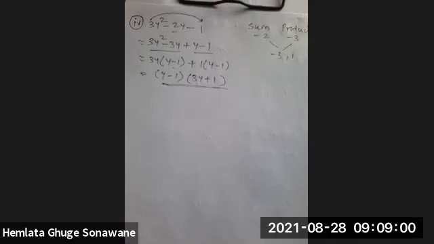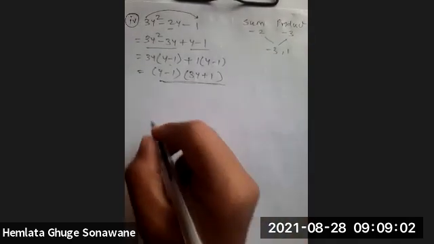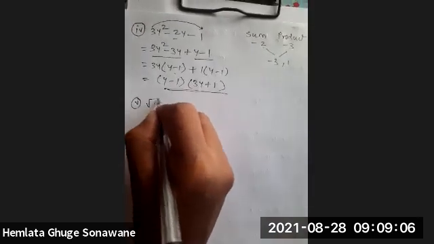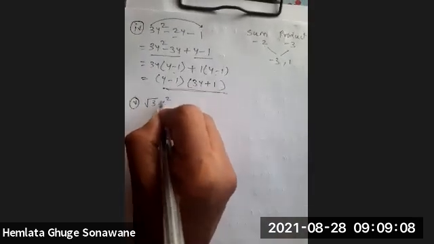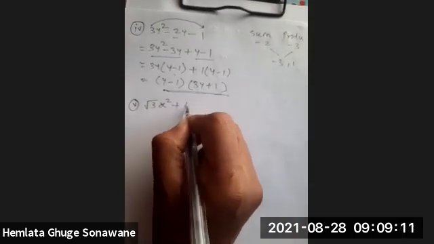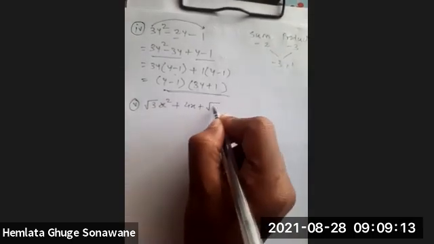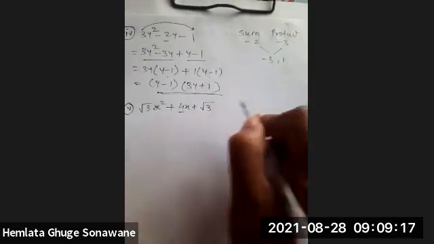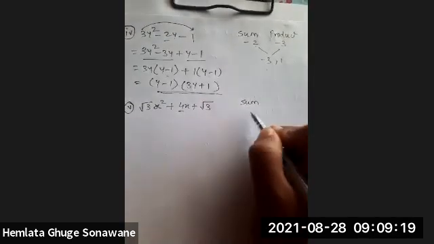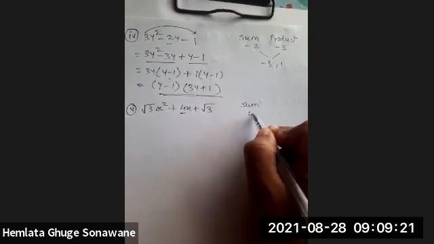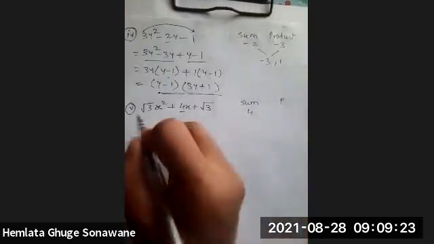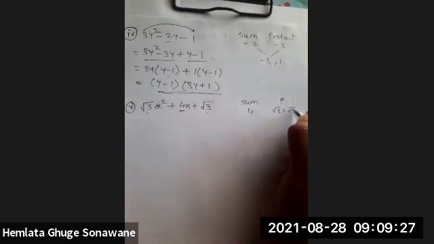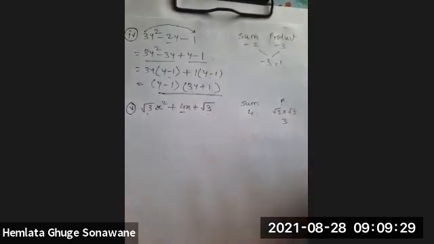We'll move towards the next example, that is the fifth one: under root 3 x square plus 4x plus under root 3. Now here the sum of factors should be 4 and the product under root 3 into under root 3, that is 3.